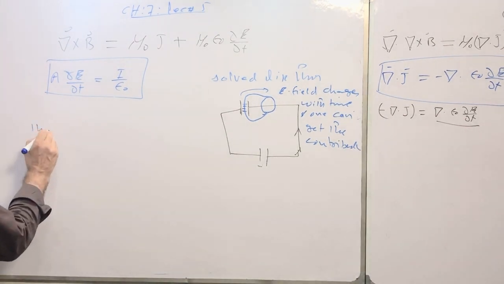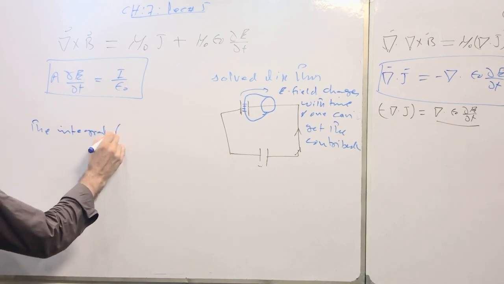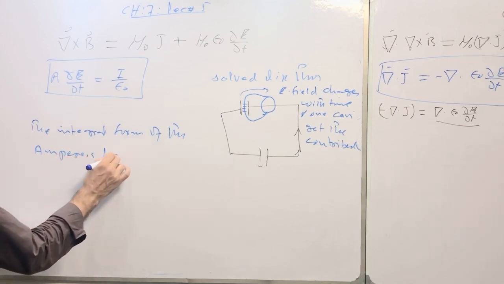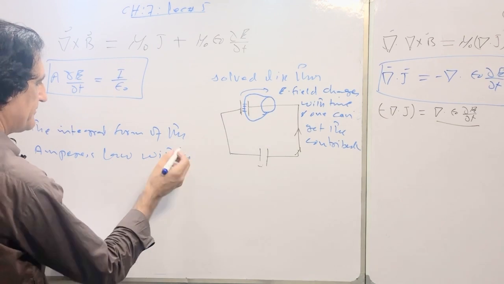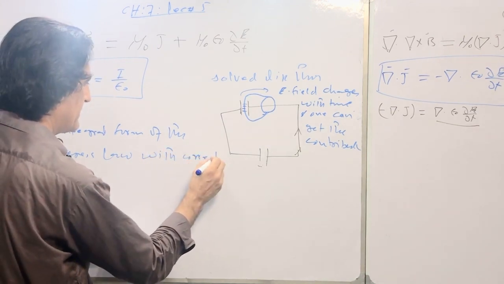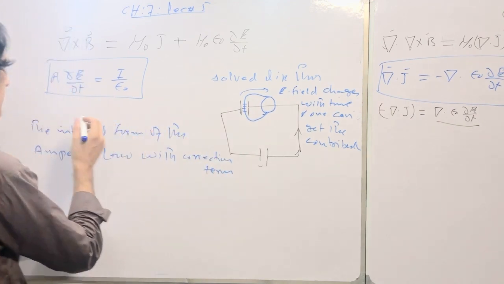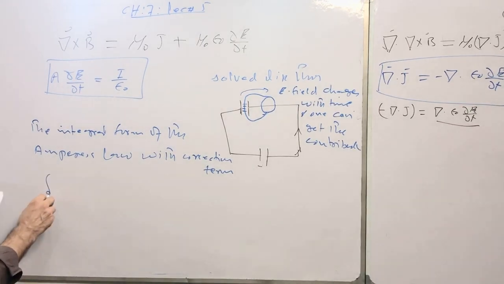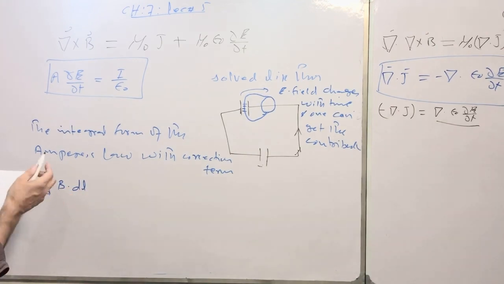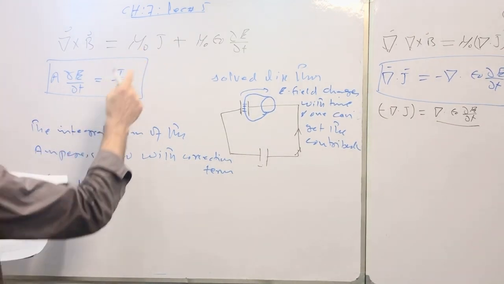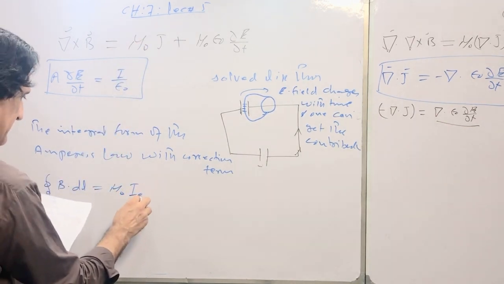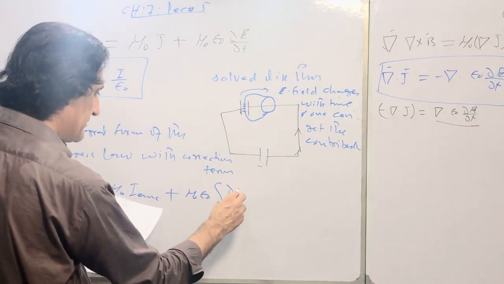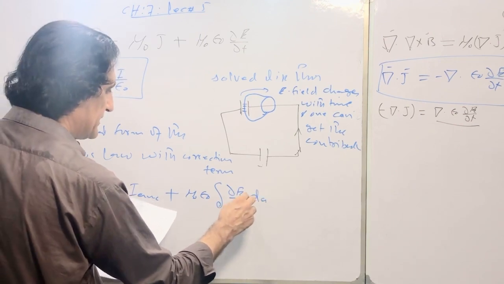The integral form of the Ampere's law with correction term, or Maxwell term, we may write, and after applying some Stokes theorem, I can get B dot dl, which is equal to mu naught times the enclosed current and also mu naught epsilon naught integral of partial E divided by partial T dot dA.